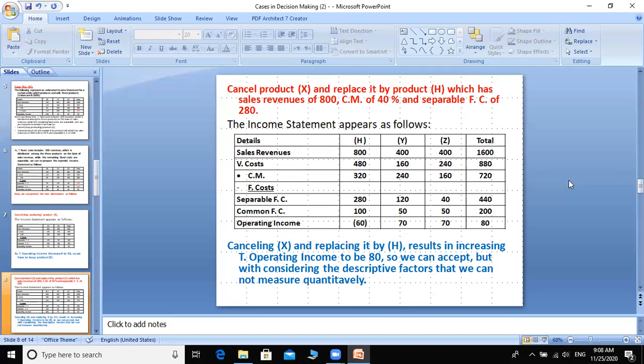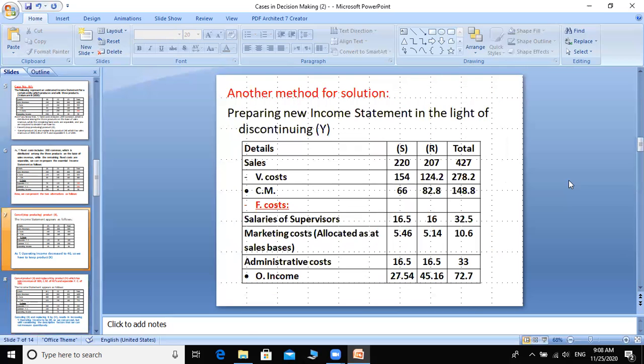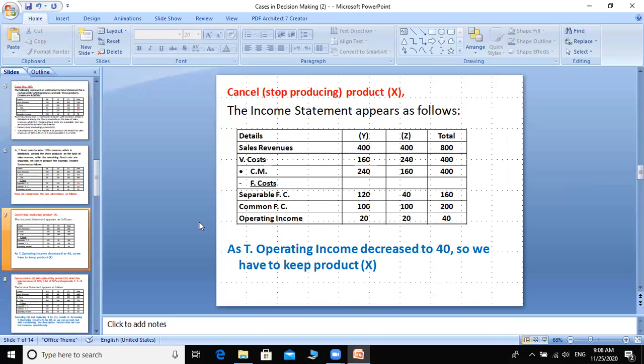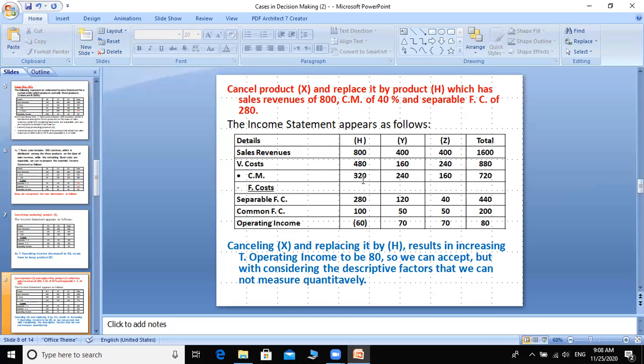Yes. Canceling X, as I told you, means contribution margin loss of 80 and saving separable cost of 70. So a loss of 10, right? We will lose 10. What about adding H? Contribution margin of 320 and separable cost 280. So 320 deduct 280 gives 40. So we will gain 40, compared with losing 10 regarding canceling X, so we will have 30.